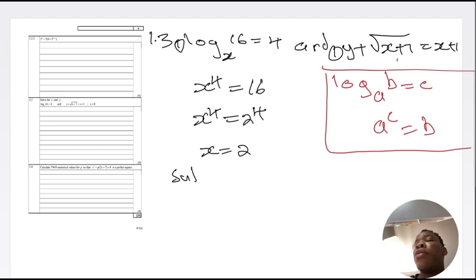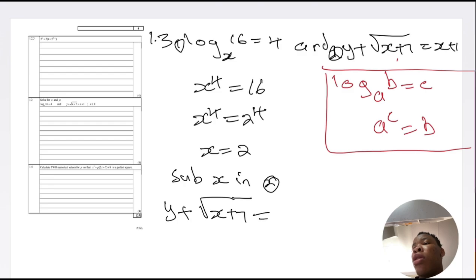Now you substitute x into equation number 2. Equation 2 says y plus the square root of x plus 7 equals x plus 1.